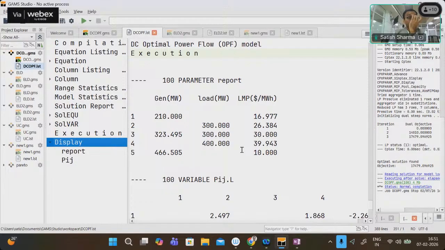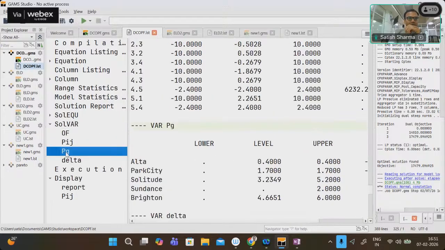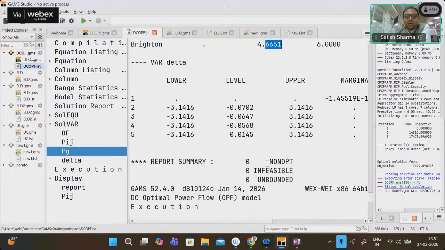Looking at the variables directly, PG is 0.4, then 1.7, then 3.23 and 4.66. These are the variable values we are getting.